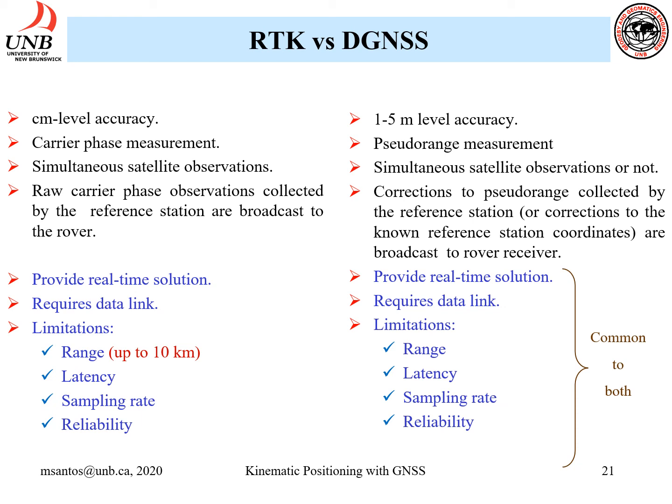So in black, we have the difference. RTK is on this side, DGPS on this side. RTK offers centimeter level accuracy, whereas DGPS or DGNSS offers meter level accuracy.